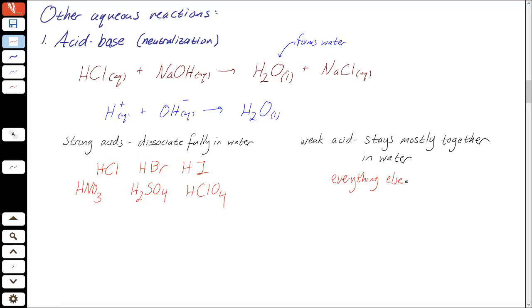Other acids like acetic acid, nitrous acid, phosphoric acid, carbonic acid, stuff like that, those are not strong acids, so those are weak acids. And that means they don't dissociate in solution. So when we write a net ionic or a complete ionic equation with a weak acid, we keep it together. We don't break it apart into the H plus and then the other part.